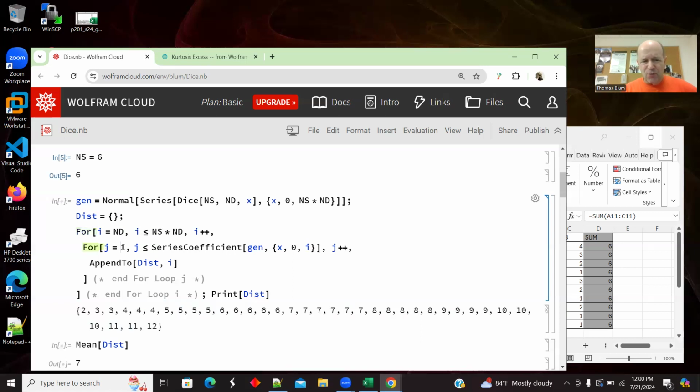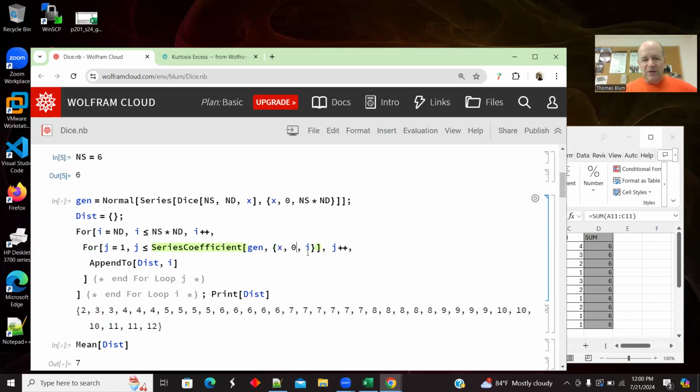Okay, so I have a loop over all of my possible powers, and then I'm making a function that counts from 1 up to the series coefficient. It grabs the coefficient of my series. So my gen was a series. I'm pulling out a series coefficient, and I'm saying that the variable is x.